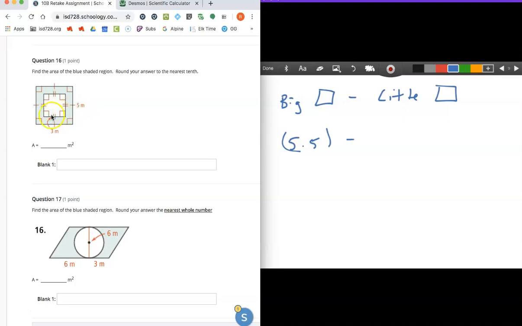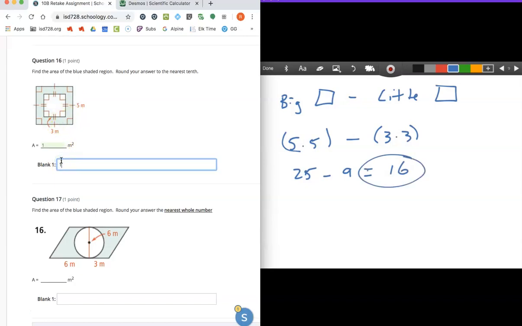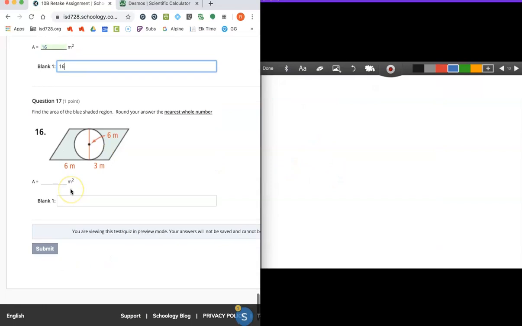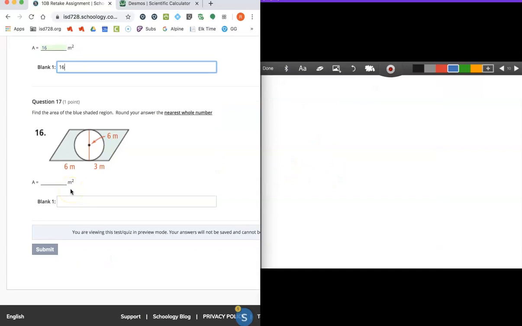The little square has side lengths of 3 and 3. So we have 25 minus 3 times 3 of 9, so we get 16 for our answer here. That one was pretty easy because we didn't have decimals and we know how to get the area of a square really fast.